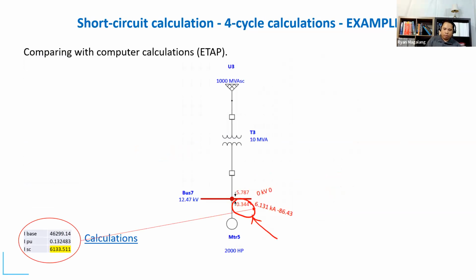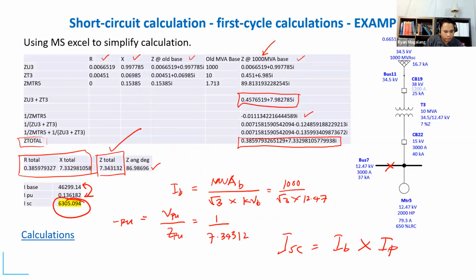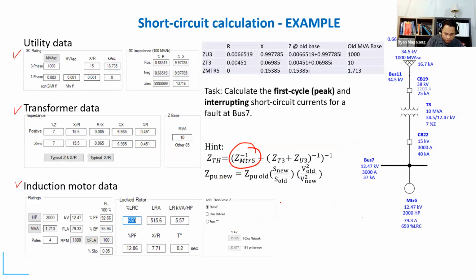It reduced. Why? Because when you go back here, induction motor, you can see in this, I don't know if it's visible to you, it's kind of small, that for the half cycle network, it's 15.385%. And for a 1.5 to 4 cycle network, it's 23.077%.